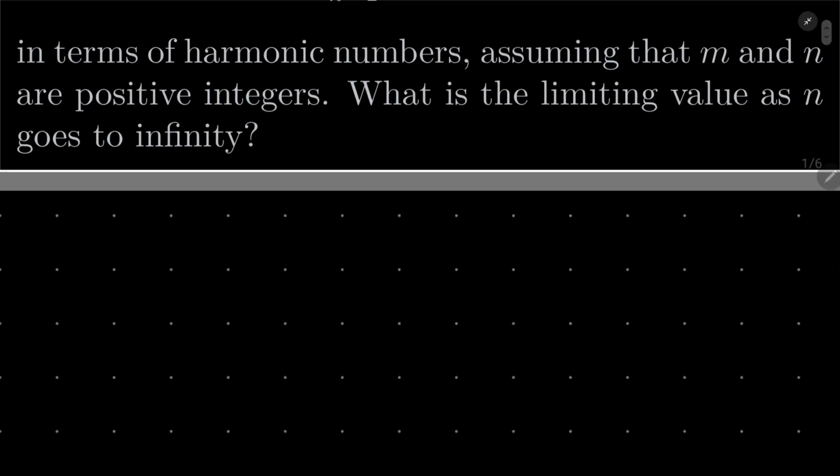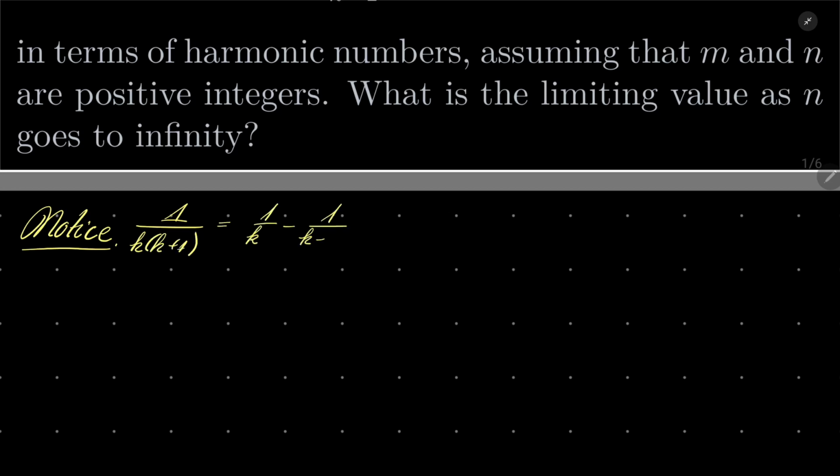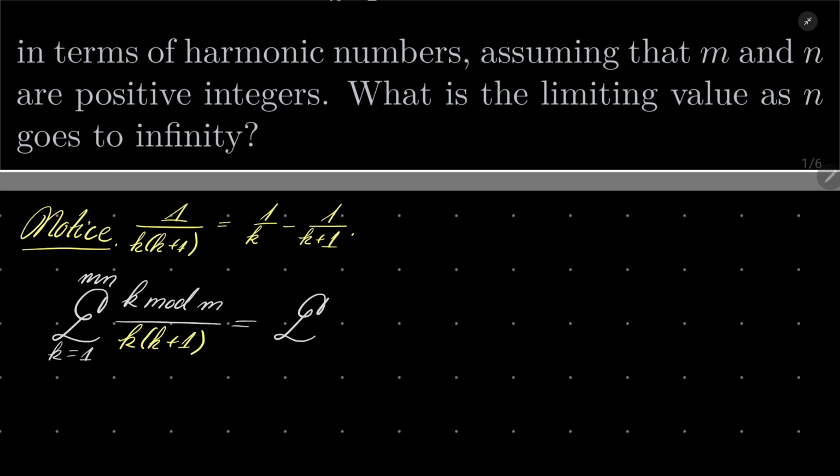First, let's notice that 1 over k times (k plus 1) is just 1 over k minus 1 over k plus 1. It's the partial fraction decomposition of this fraction. And that allows us to write our sum going from k equals 1 to mn of k modulo m over k(k plus 1) as two different sums.